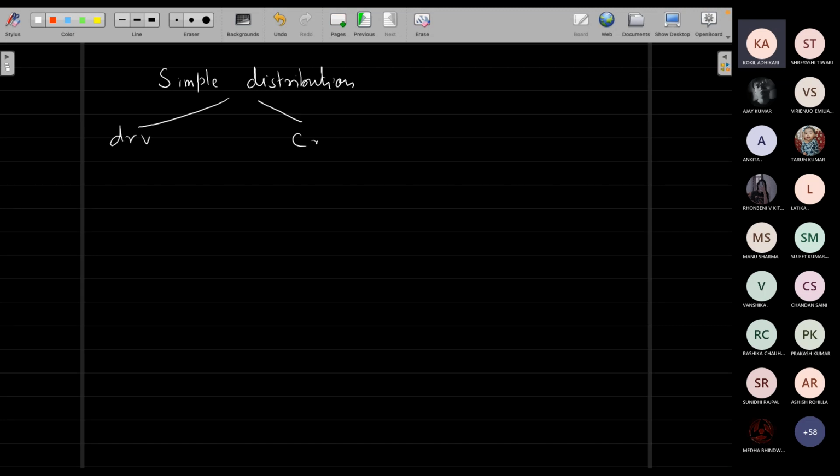DRVs and CRVs. I am going to take two discrete random variable distributions and find some parameters, maybe mean, standard deviation, variance, and see how it goes.